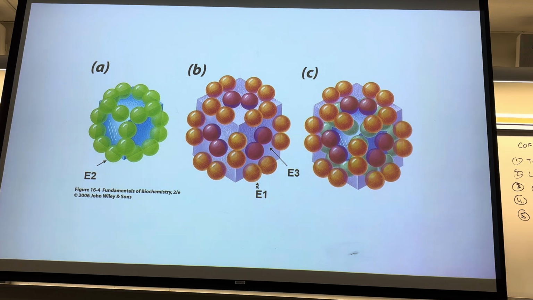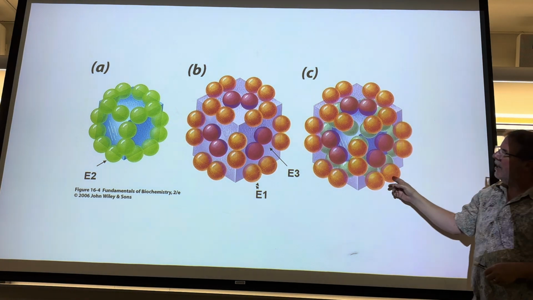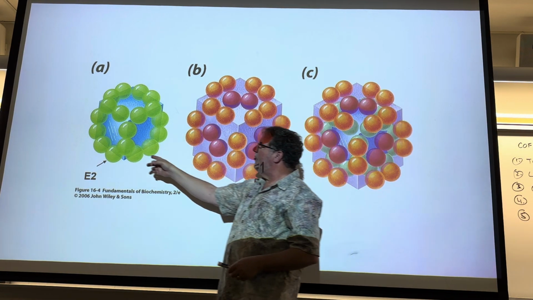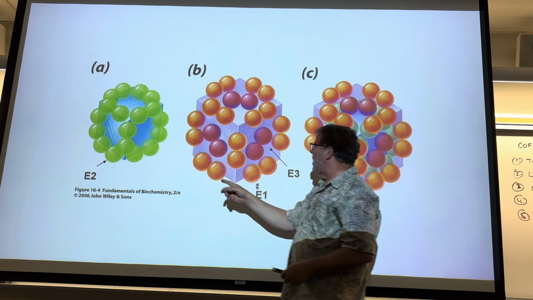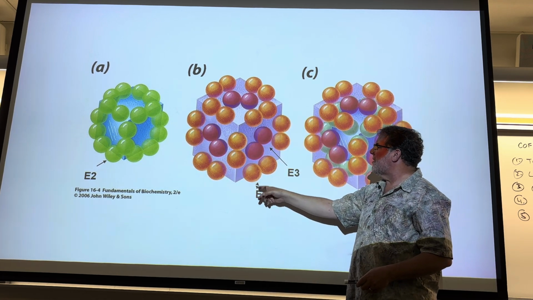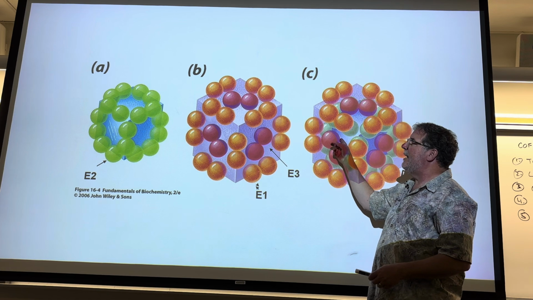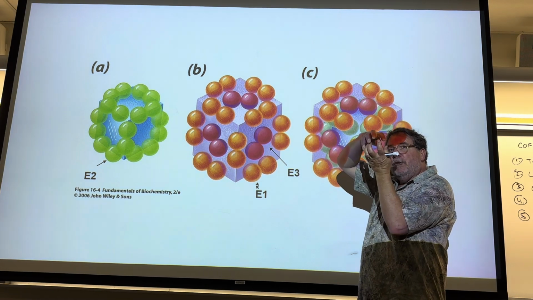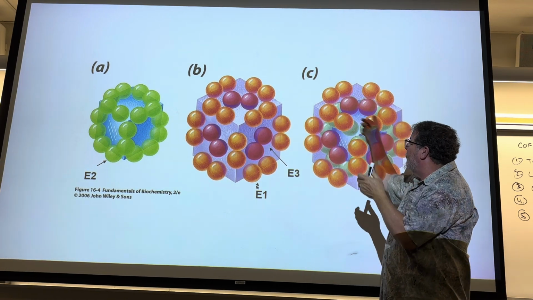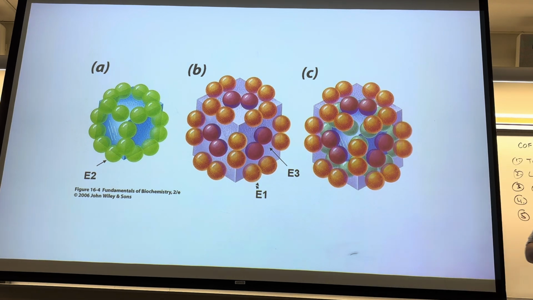There's actually multiple copies of each one, and they're arranged in a complex where right in the very middle is E2, and then more on the outside is E1 and then E3.